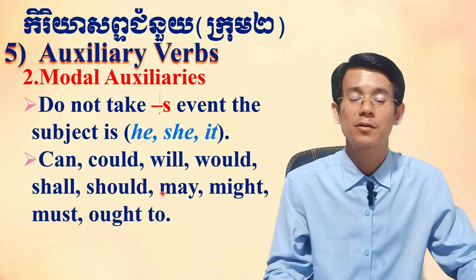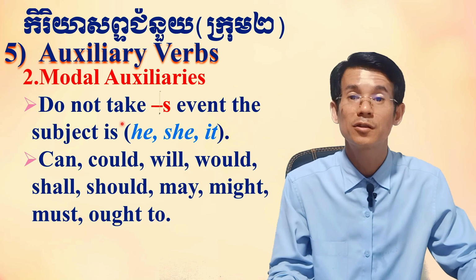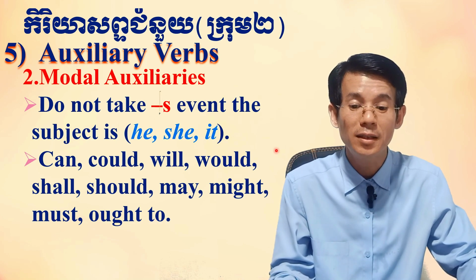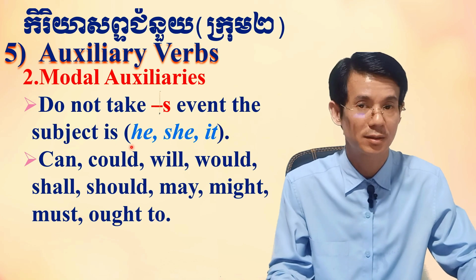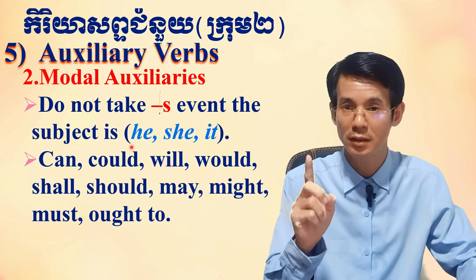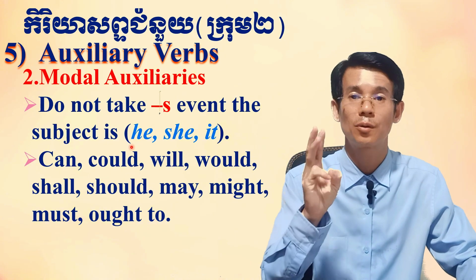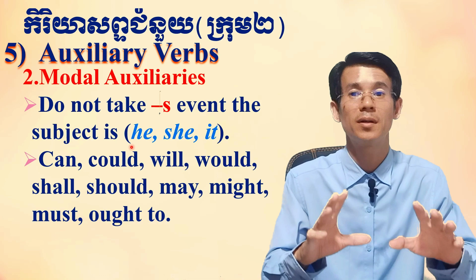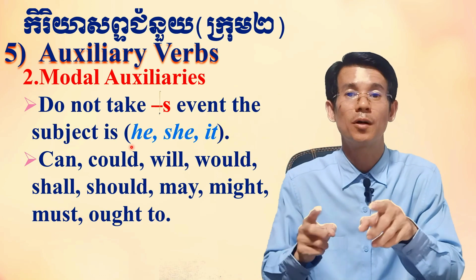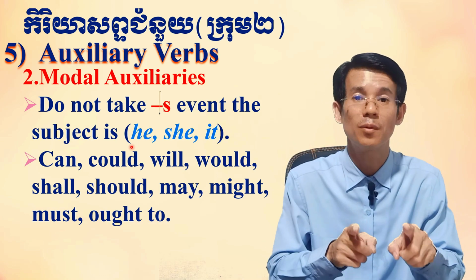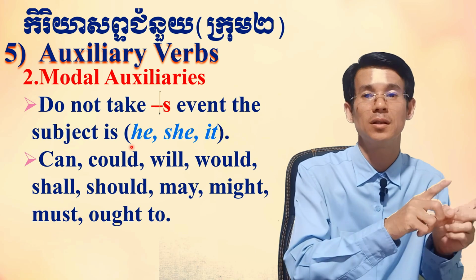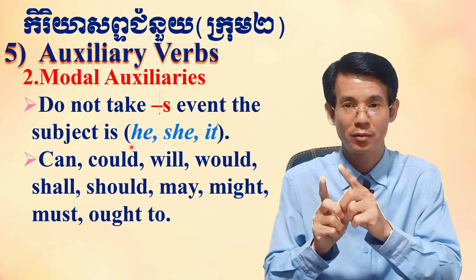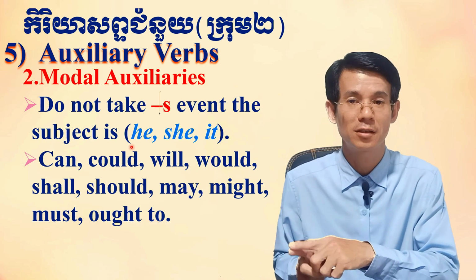Next, the modal auxiliary does not take the s ending, even though the subject is third person singular: he, she, or it. Okay, so it is different from an ordinary verb or the main verb. The main verb must be changed to agree with a third person singular subject he, she, or it.